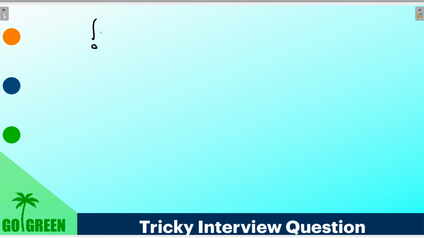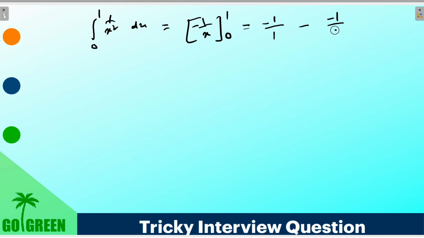So if I calculate the integral from 0 to 1 of fx dx, which means 1 by x square and then dx, this gives what? If I again write -1 by x with lower limit 0 and upper limit 1, the first one gives -1 by 1 and then minus -1 by 0.